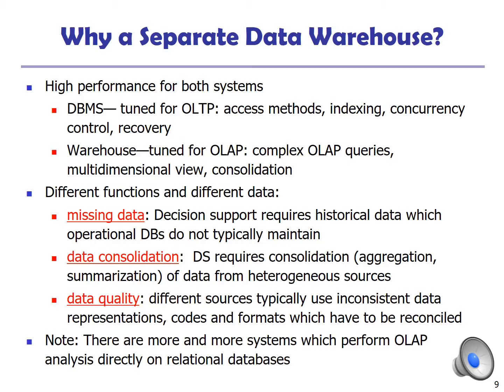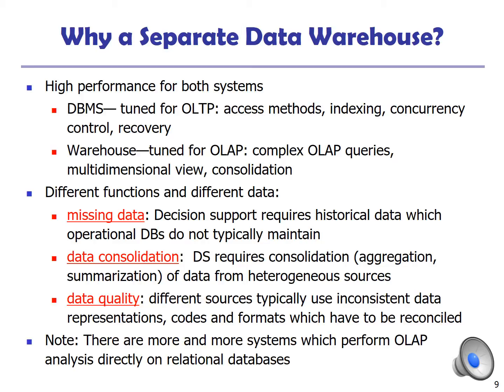The data warehouse data is consolidated or integrated over various data sources. Decision support, once again, requires the data to be consolidated. Basically, it should be aggregated and summarized from various heterogeneous sources. So once again, we need all the data that is available in order to make decisions, in order to do decision support. Now, the quality of data is also different.